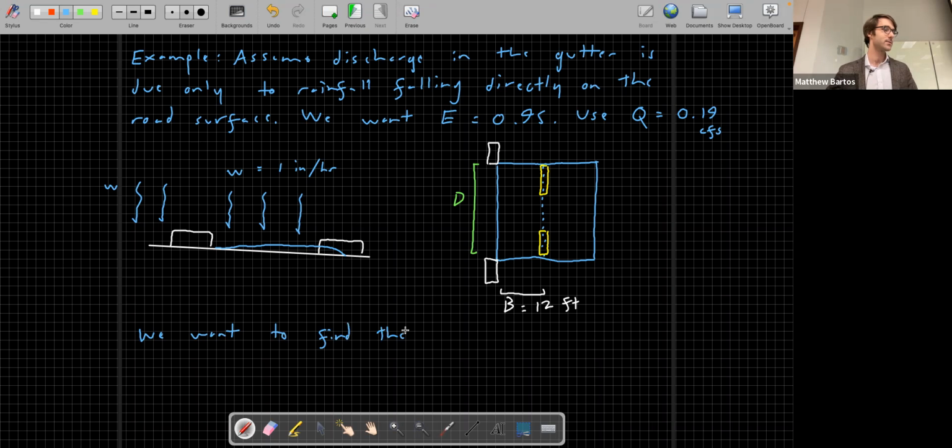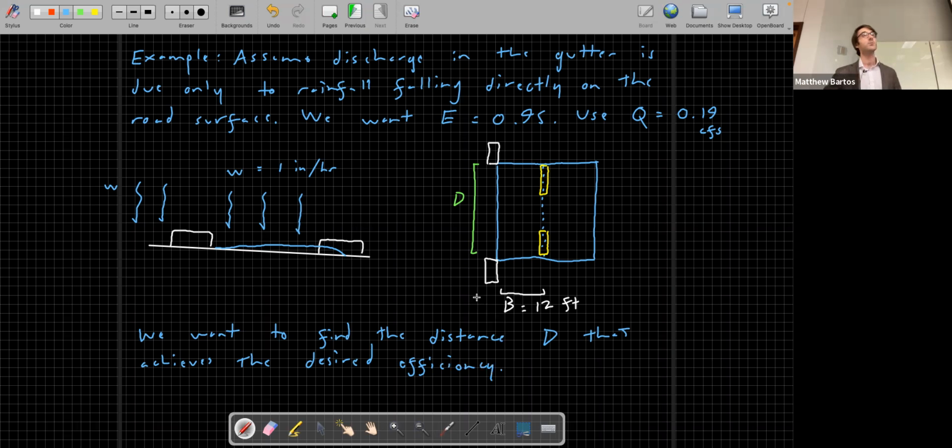In other words, we want 95% of the discharge in the gutter to be intercepted by each curb inlet. Or in other words, we want no more than 5% bypass discharge.